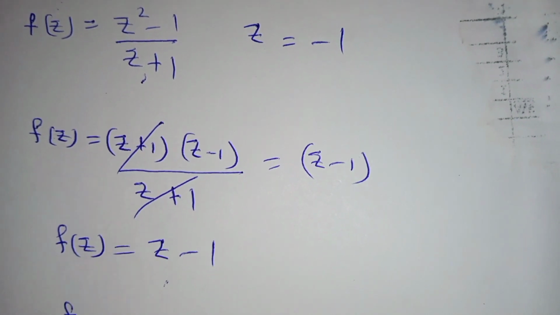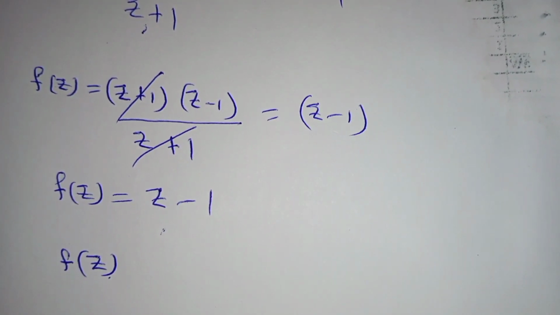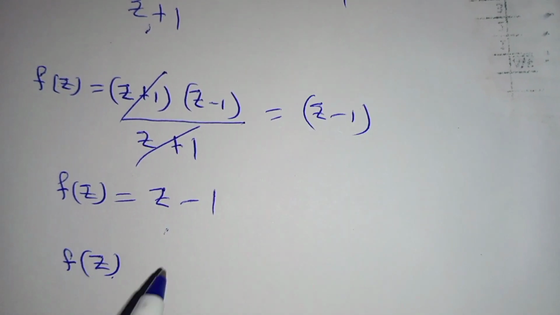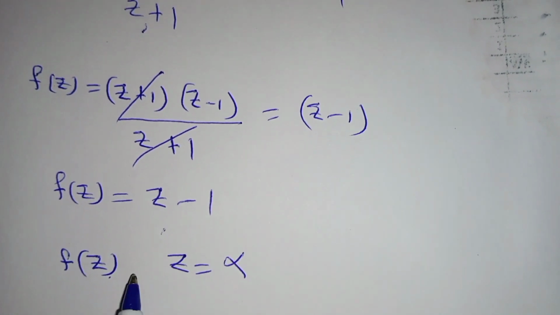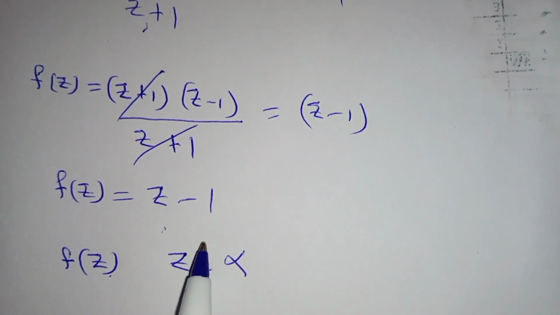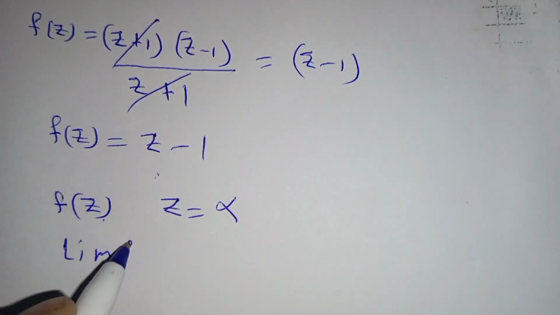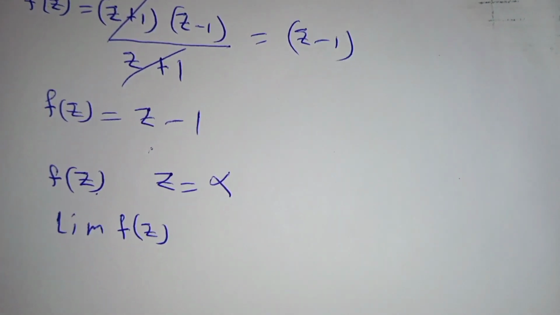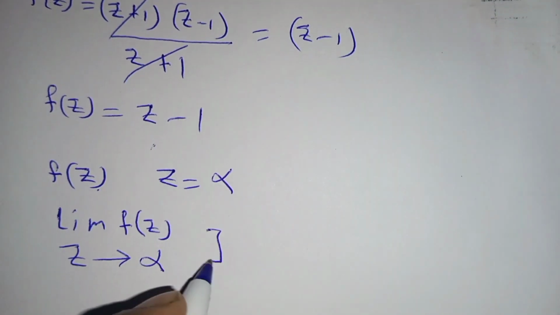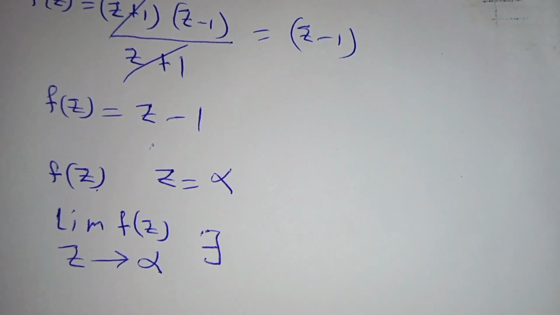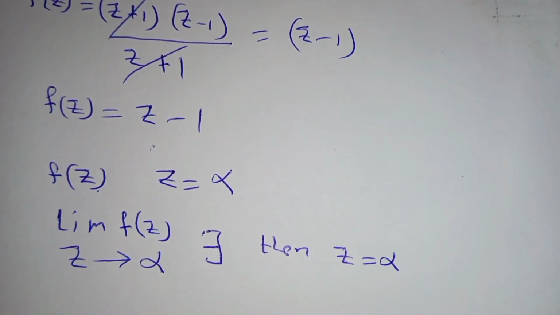Now, if f of z is a function defined everywhere except at z is equal to alpha, but the limit of f of z as z tends to alpha exists, then we say z is equal to alpha is a removable singularity.